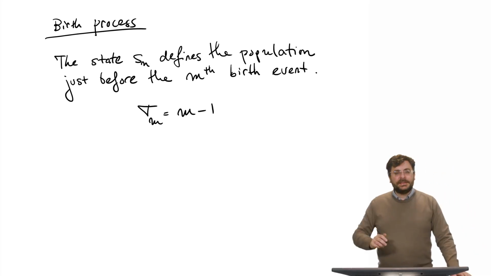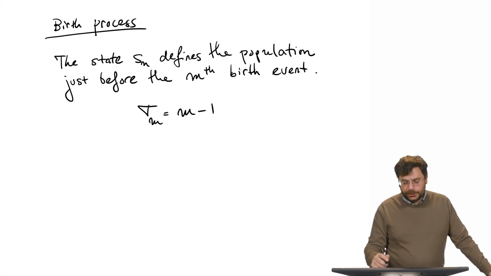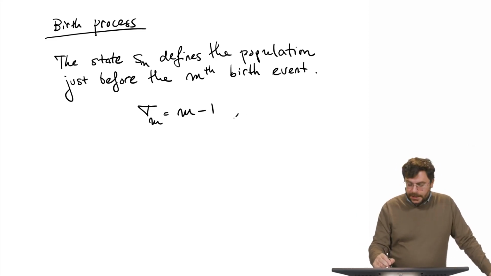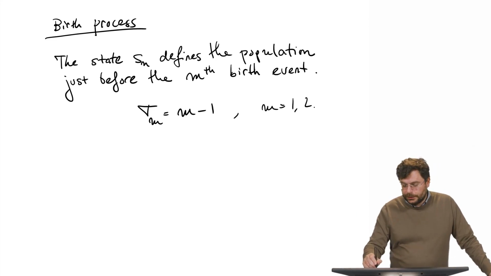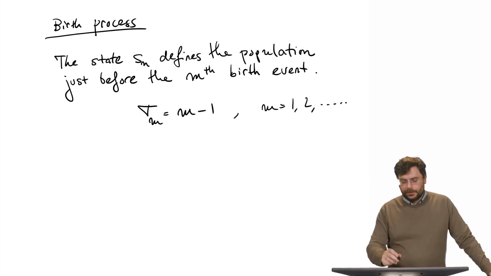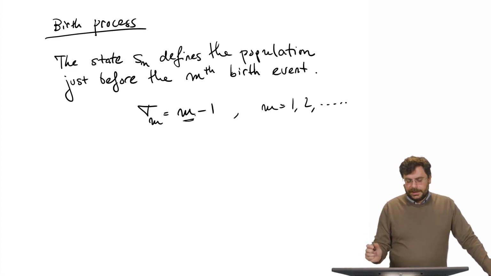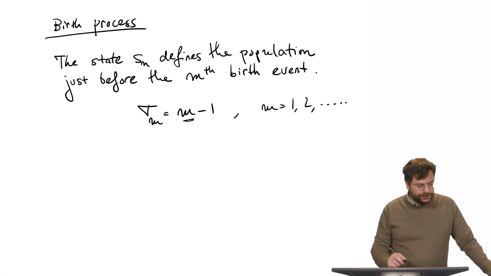So in some sense, we're going to say that sigma m is equal to m minus 1. M here could be 1, 2, and so forth. So if m is equal to 1, before the birth event, the population, or the sigma, is equal to 0. Before the second birth event, the population is equal to 1, and so on and so forth.